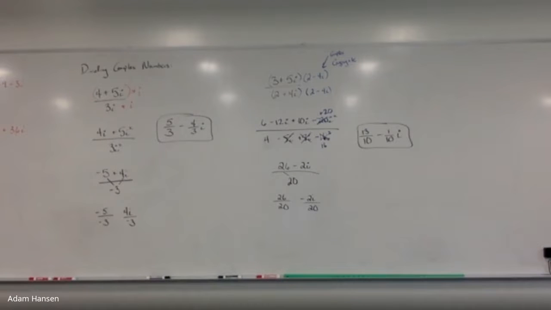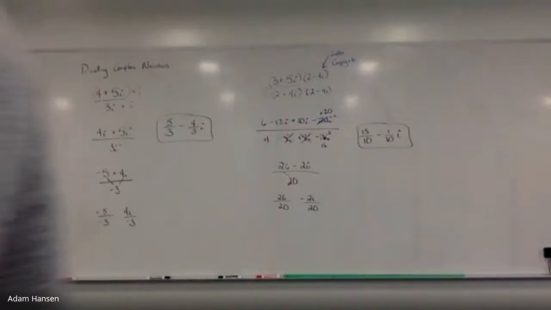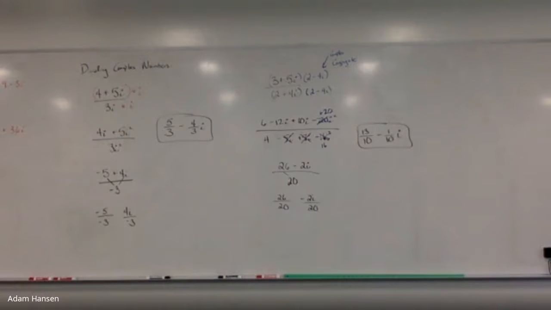Division questions are multiplication questions in disguise. On number 10, we have 5 minus 2i in the denominator. And what would you have to multiply by there?